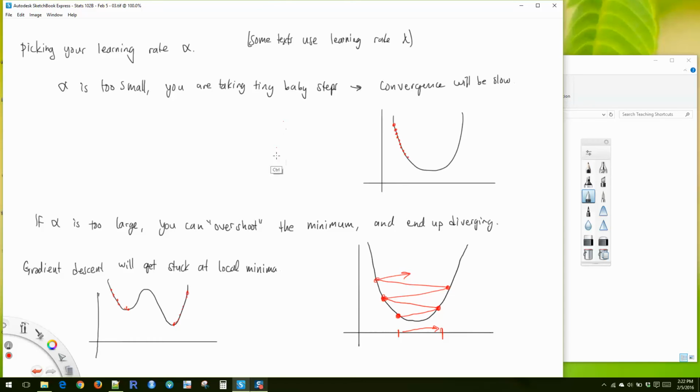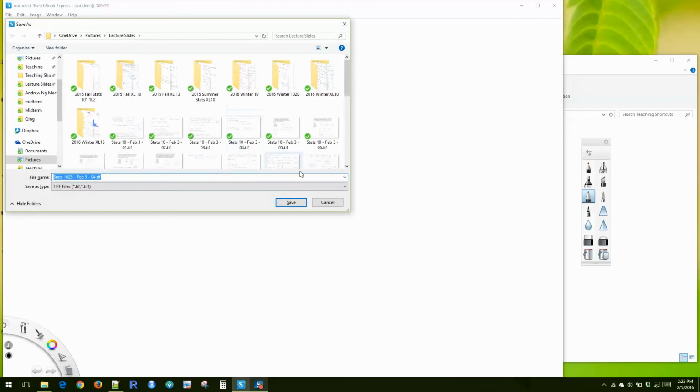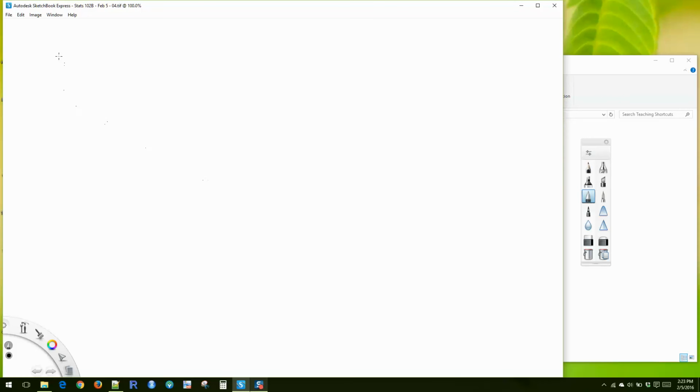Okay, so that's gradient descent, just what we're doing in one dimension. And if we're dealing in two dimensions, let's say we've got x1 and x2, and we have some function.